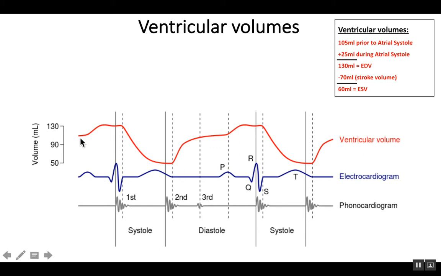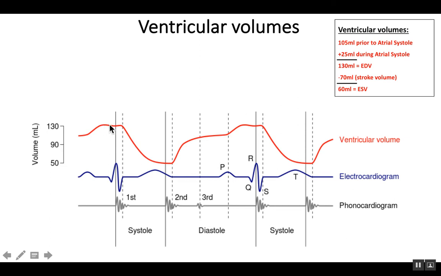So let's begin again right at the start here. And if we look over at the volume, we would be at 105. So 105 is the volume in a ventricle just prior to atrial systole. Once we enter atrial systole, how do we know we're entering atrial systole? There's a P wave. That atrial systole is going to add 20% of the total volume.